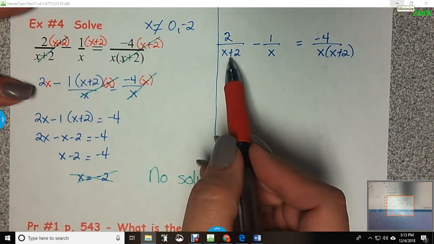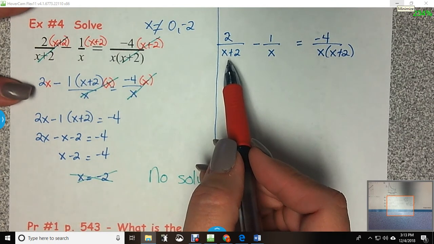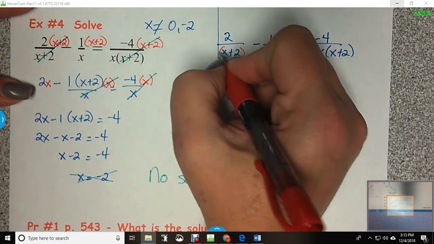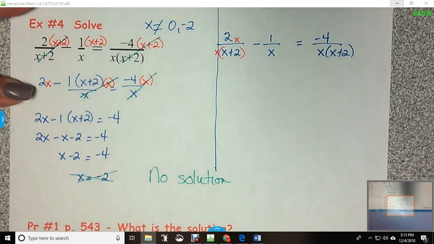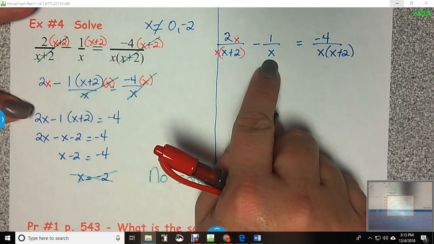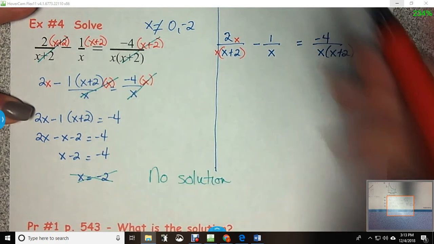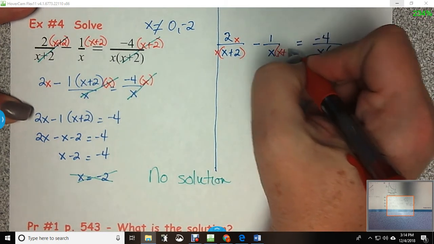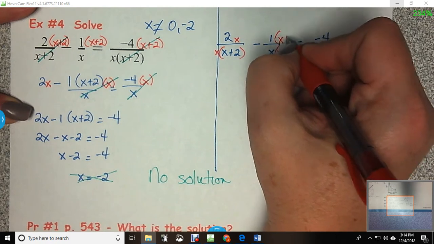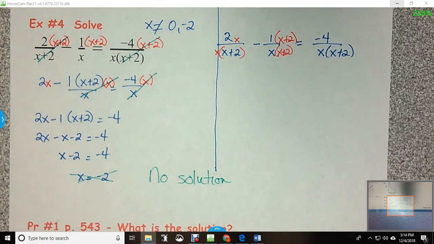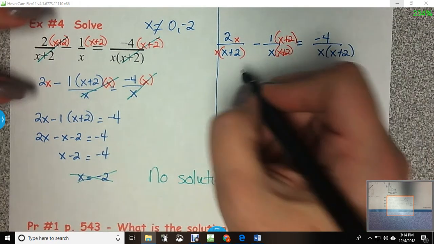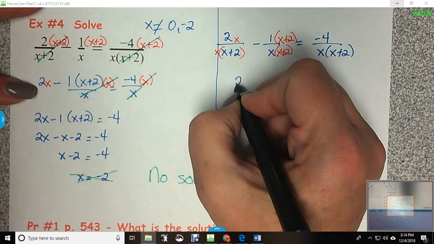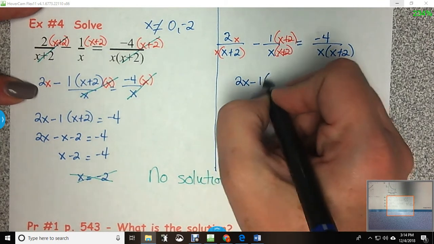So what do I need to multiply this first one by? X. And I have to do it on the top and the bottom when I'm getting common denominators. What do I have to multiply this fraction by? X plus 2. And now my denominators are the same. So on the left-hand side, here's what it looks like.